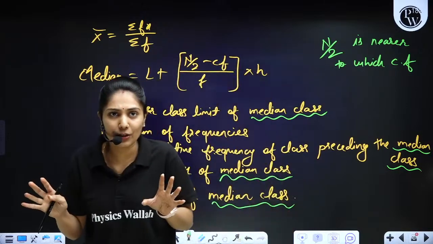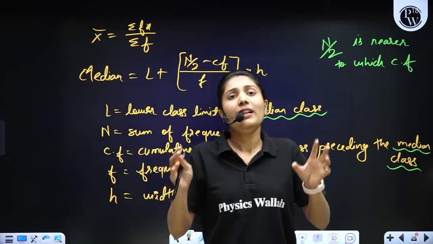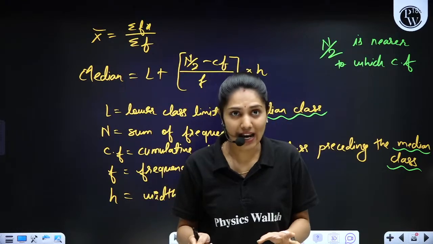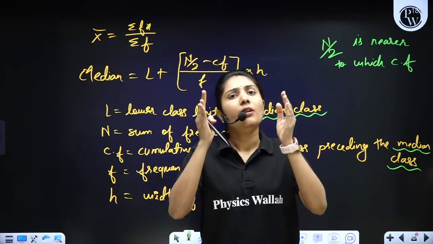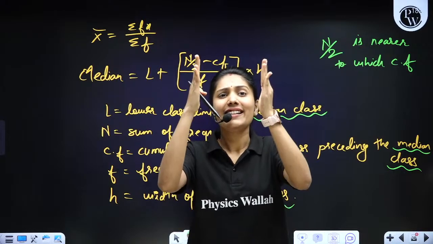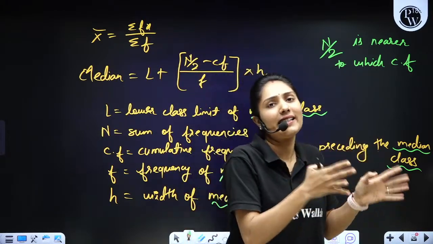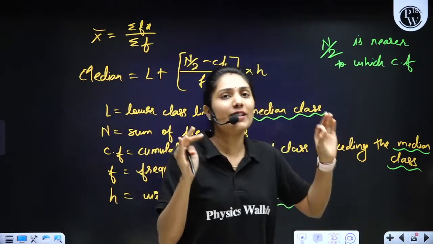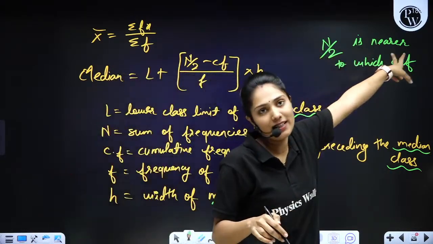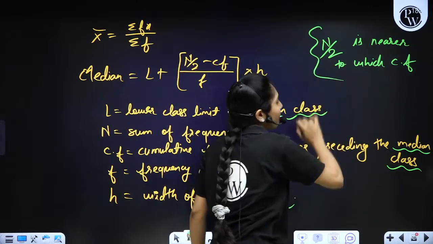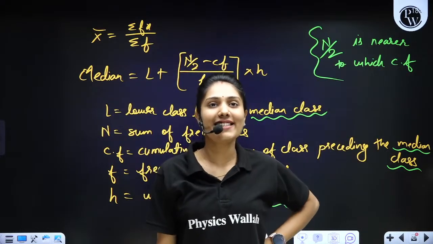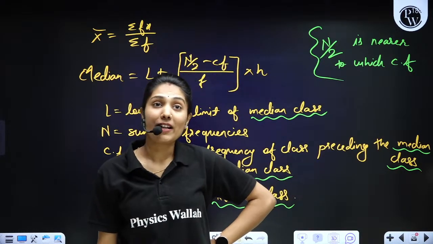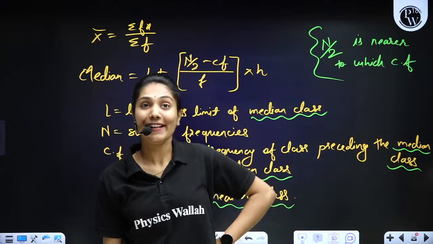Check which frequency is the highest, and whichever class contains the highest frequency is our modal class. So finding the modal class is very easy. Just for the median class, you need to check n by 2 and the nearer cumulative frequency. Okay beta, confusion is clear? Yes, Prathamesh, absolutely, it's possible.